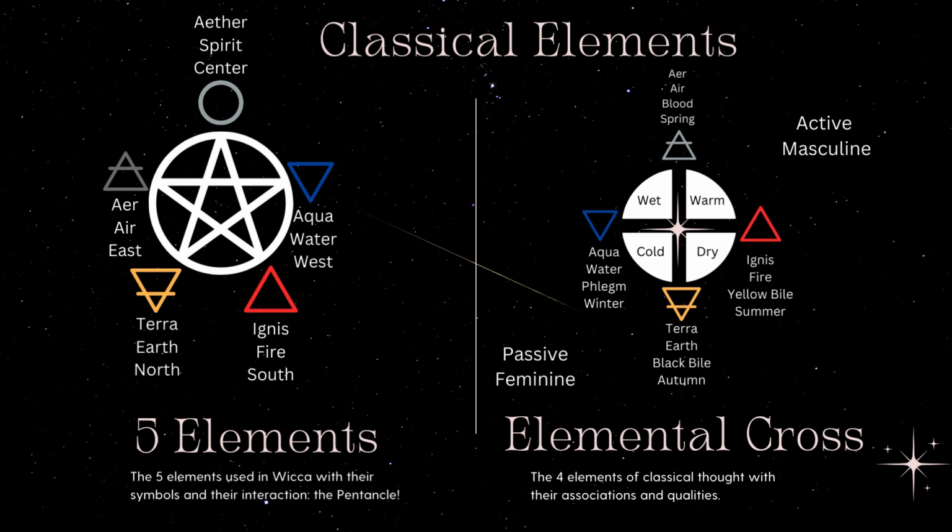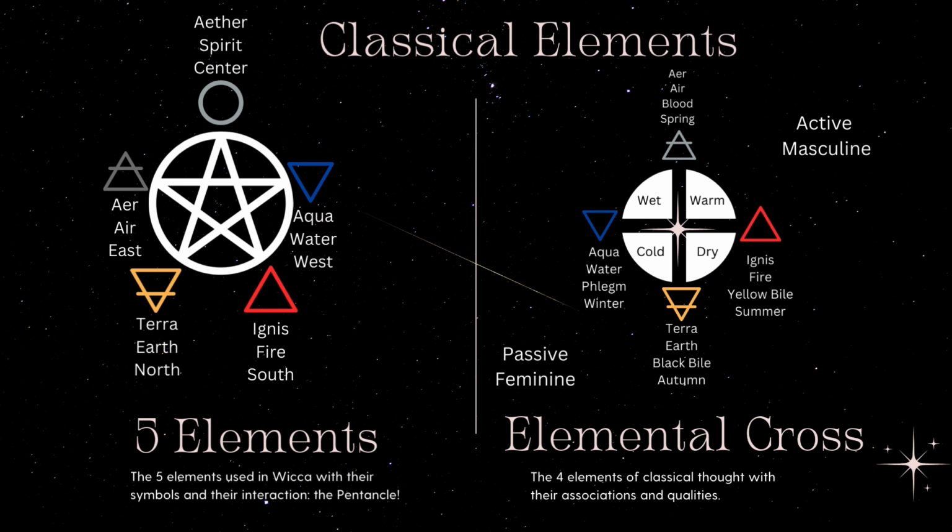The 5 elements, which is used in a lot of witchcraft and Wicca, forms the pentacle, the 5-pointed star, where the interacting elements of spirit at the center, water in the west, fire in the south, earth in the north, and air in the east form this sort of protective symbol, this symbol of power that represents the work that is being done, the magic that is happening, and the circle in which it happens. And you may find this with corner calling or other forms of setting space using these elements.